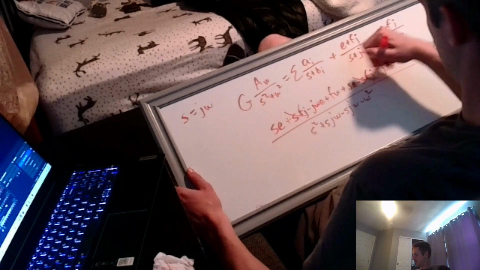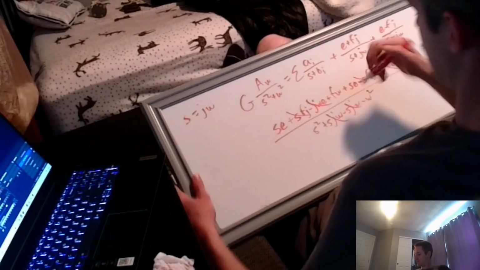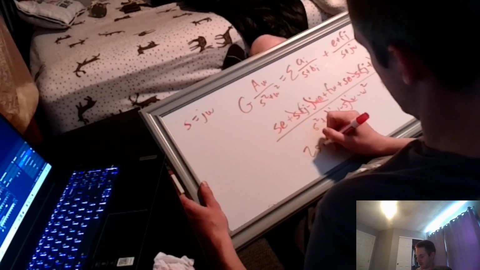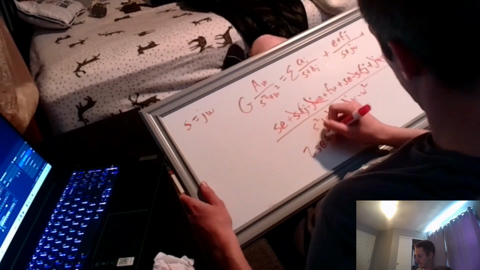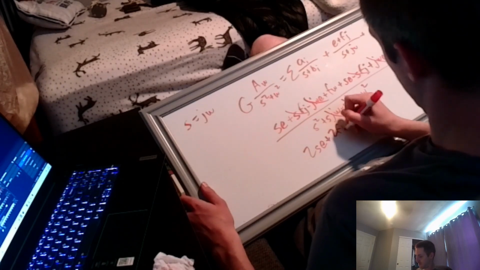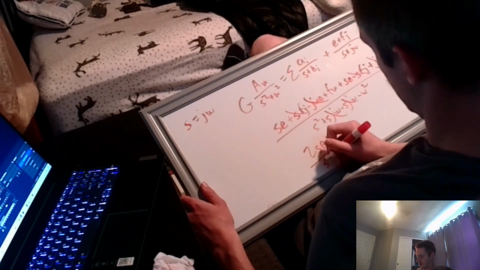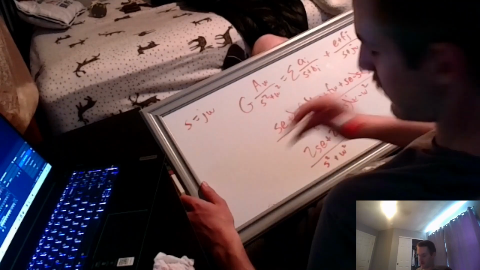We can see we have a bunch of canceling out, and that becomes 2Se plus 2F omega over S squared plus omega squared.